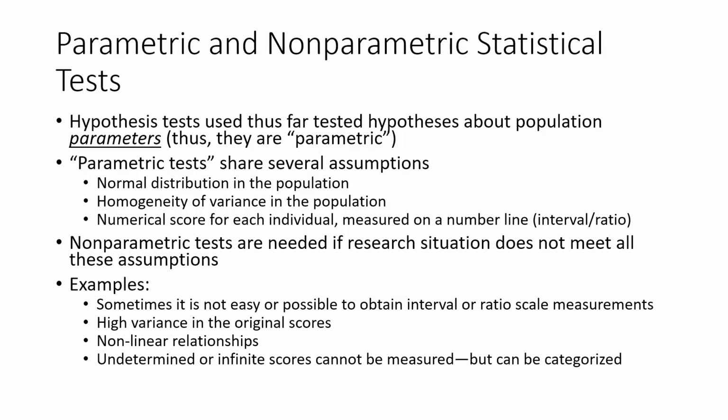So it can be ordered and categorized, but if it's undetermined, then strictly speaking, you shouldn't run a parametric statistic. Now, in real life, we often find that these rules are a little overly strict. So sometimes people in a situation like this really would run a parametric statistic, but they would just interpret the results with caution.